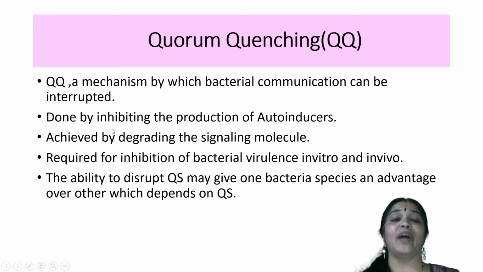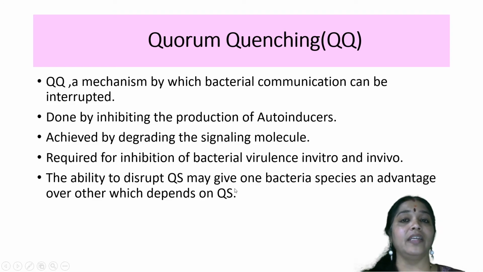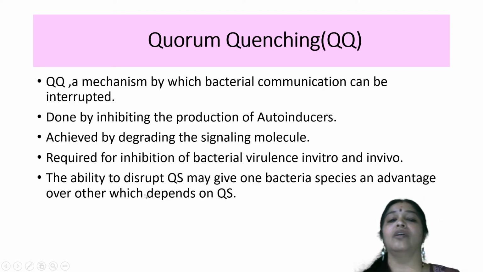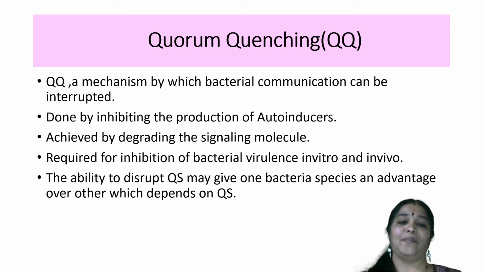It is done by inhibiting the production of autoinducers. It is achieved by degrading the signal molecules. It is required for inhibition of bacterial virulence in vitro and in vivo. The ability to disrupt QS may give one bacteria species an advantage over others, which depend on quorum sensing.